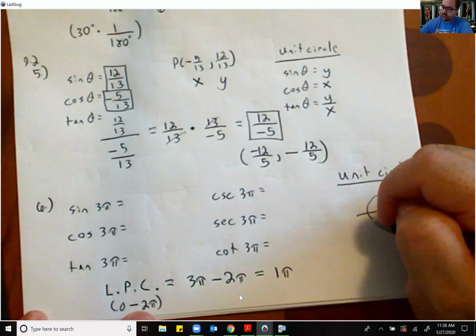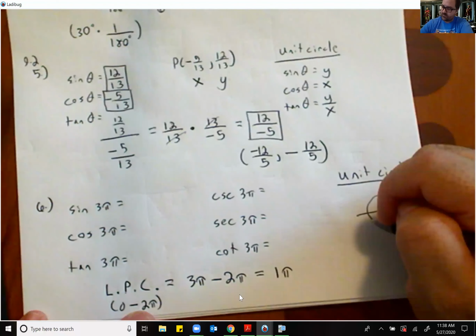It is just 0. Now, when we go over here, remember, if you know these 3, you automatically know all these, because all you have to do is take the reciprocal of them. Cosecant theta is equal to 1 over y, which means reciprocal.